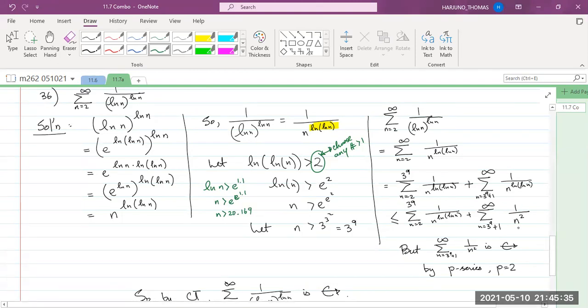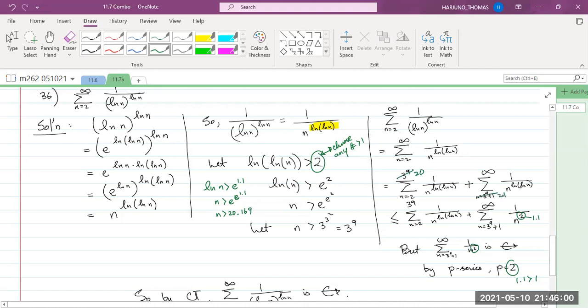But then the bounding here will be, instead of 2, you will get 1.1. But that's enough, right? Once the p is greater than 1, then it is convergent. So you don't need to go up to a very big number. You can just go up to 20, and this starts from 21, like that.